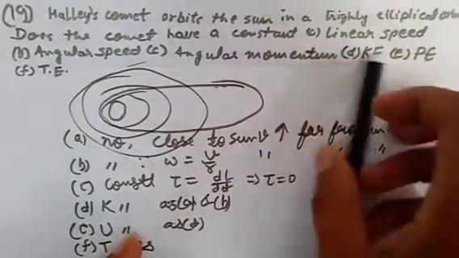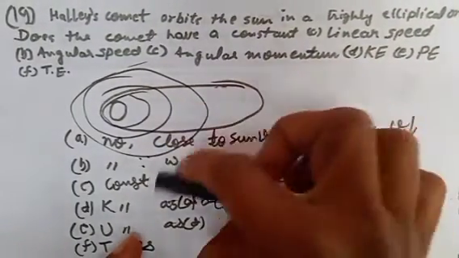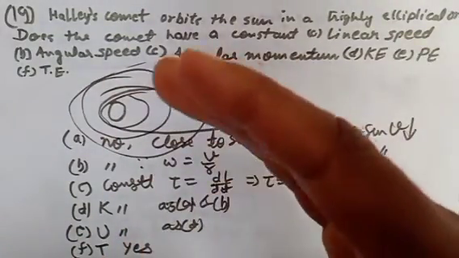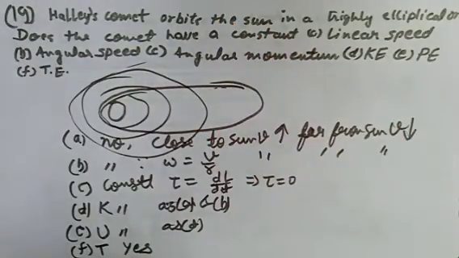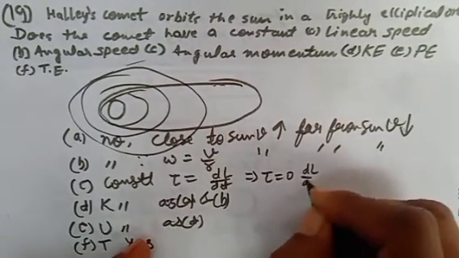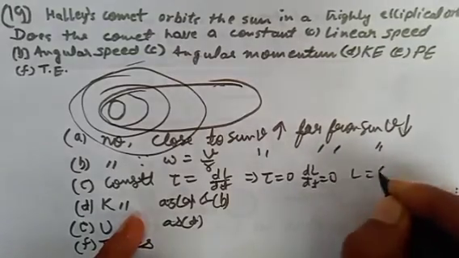Like right now, if I push it, I am providing external torque. The same system, Halley's Comet and the Sun, has no external agency providing a force so that it could move. So tau is 0, so dL by dt is 0, so that is why L is constant.